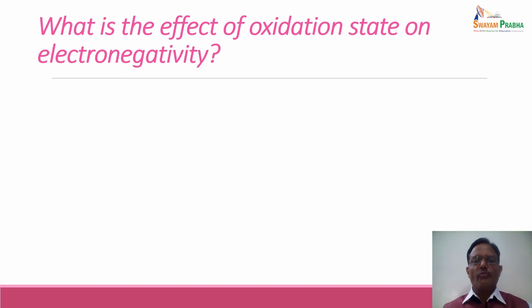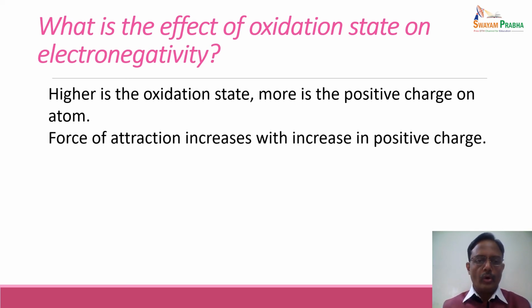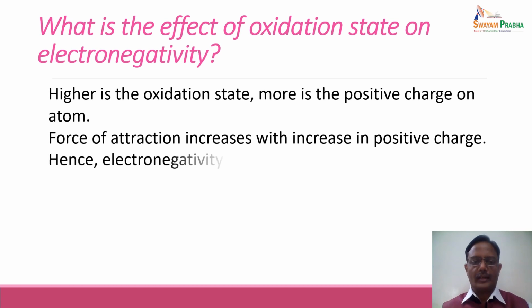What is the effect of oxidation state on electronegativity? If you have the same element in different oxidation states, then what will be the effect on the electronegativity of that ion? We know that the higher the oxidation state, the more positive charge on the atom. And the more positive charge, the more force of attraction between the nucleus and the outermost electrons.